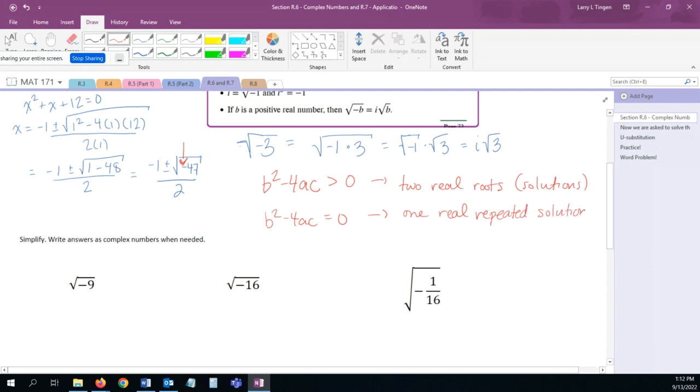And I'm just going to say root and solution, same thing. And now what we're doing is introducing the situation where what's under the radical is negative. And in this case, you're going to get two complex solutions.